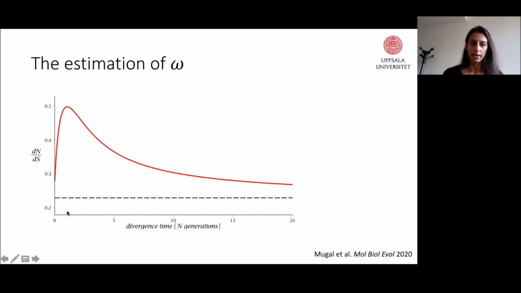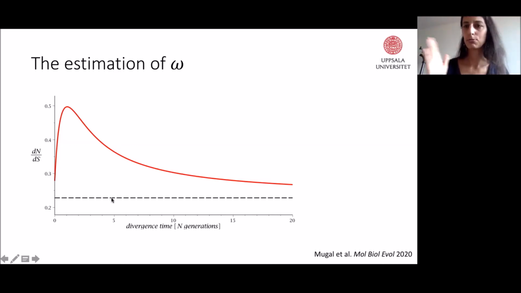So we do that, and then here we see the analytical results of this. So here on the black dashed line, you see our target parameter omega. This is what we want to measure. What we actually measure, and now here on the x-axis you see time scaled in N generations. So I would put a guess, human-chimpanzee at around 5.